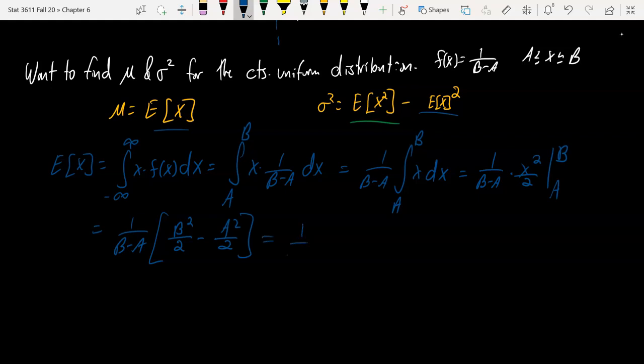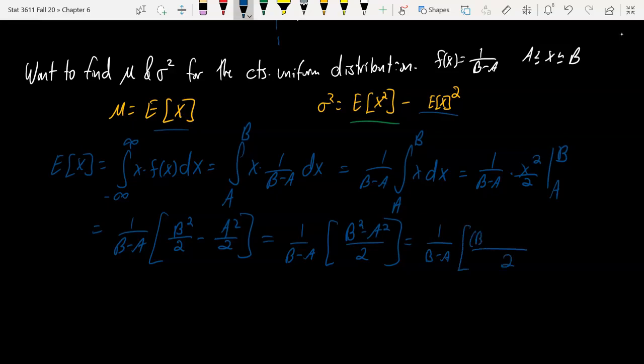And so we have 1 over b minus a, and then b squared minus a squared, over 2. So far so good, but I'd encourage us to not stop there. I'm pretty sure we can simplify this further. How does b squared minus a squared factor?